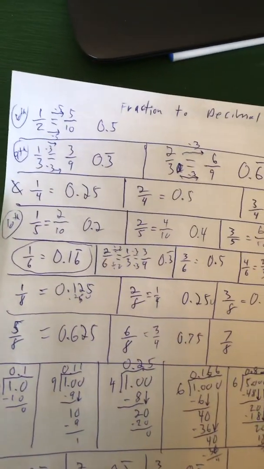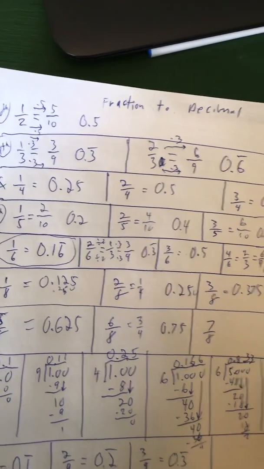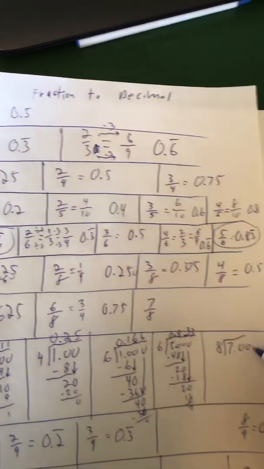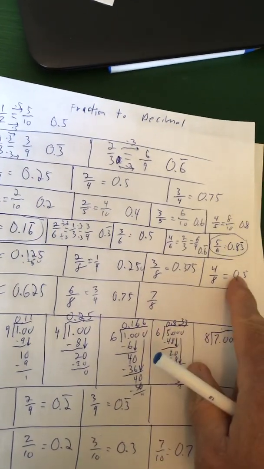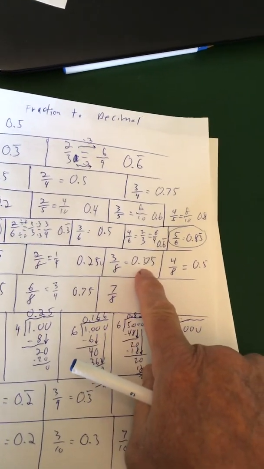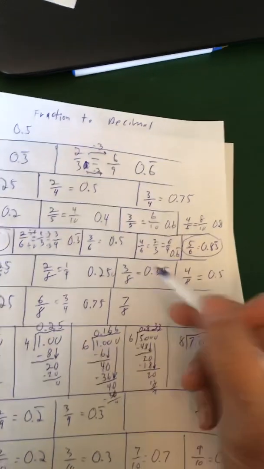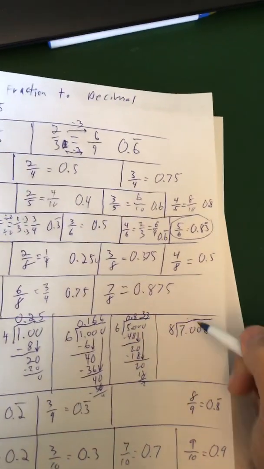Here, I'll show you the long division for 7/8. I'm going to add 3 zeros. Or you could just put a 0.5 under there. Isn't 3/8 plus 4/8 going to be 7/8? The answer is going to be 0.875. Here, I'll show it.